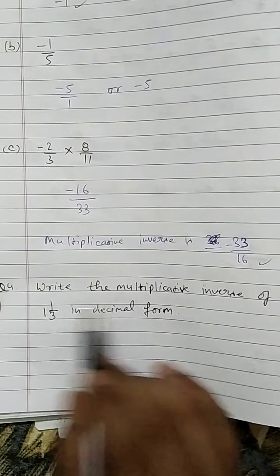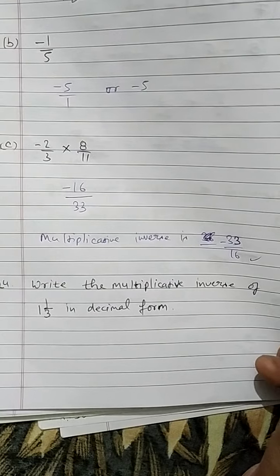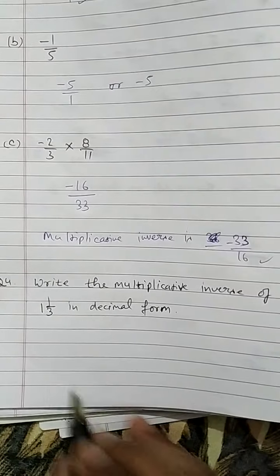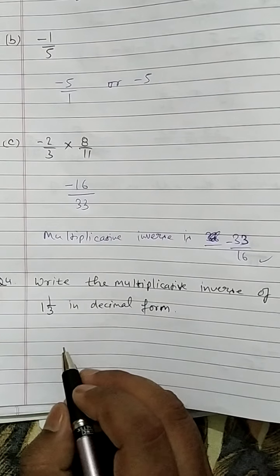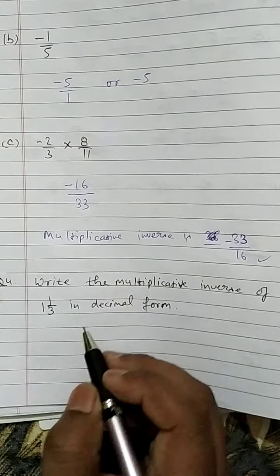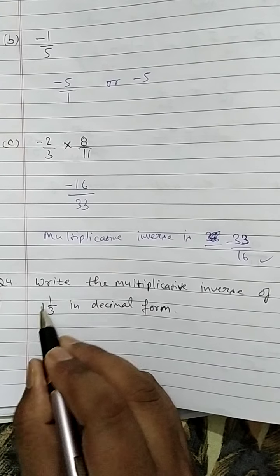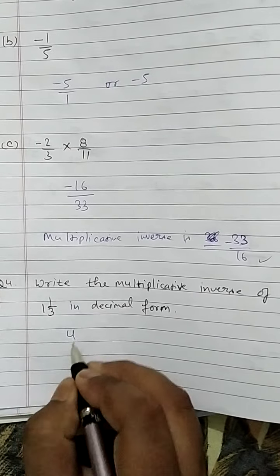Now the question is, write the multiplicative inverse of 1 and 1 upon 3 in decimal form. Multiplicative inverse means reciprocal. Okay, so first we find what number this is. 3 ones are 3, plus 1 is 4.